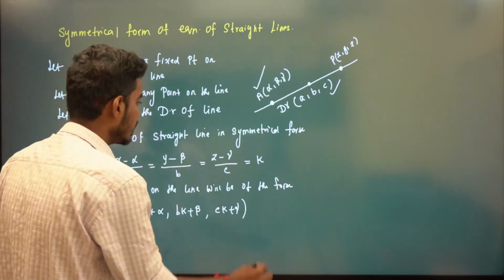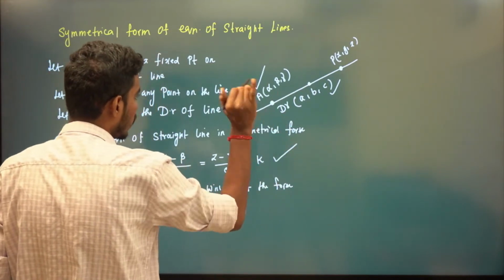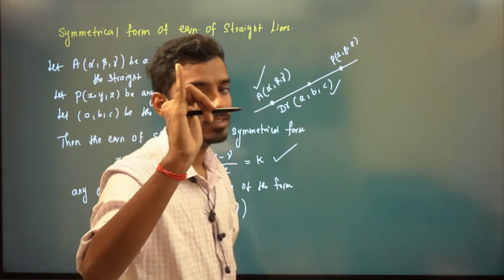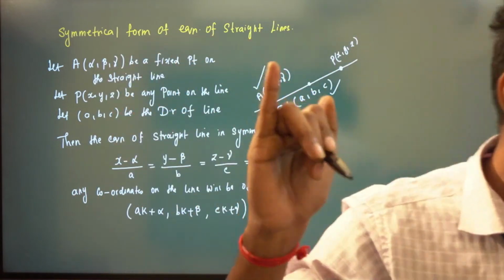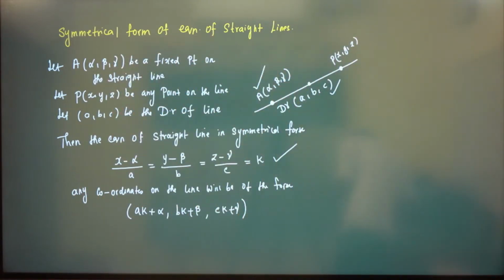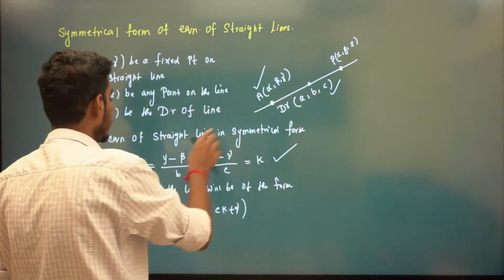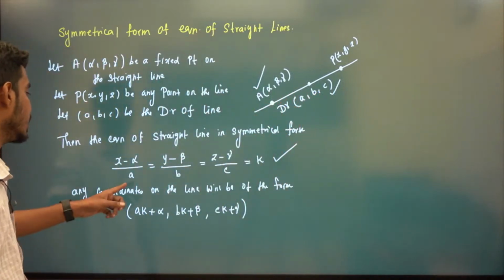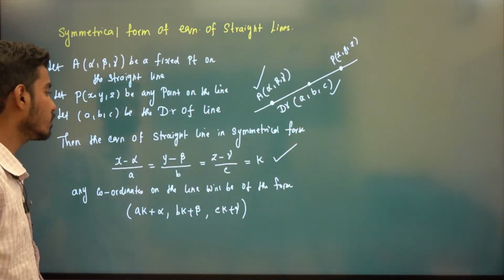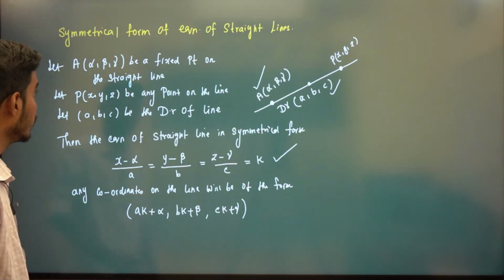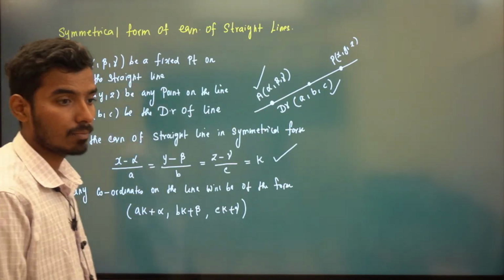And to write the equation of a straight line, we should know a point on the line. That is, you need to know any one coordinate on the line, and you need to know the direction ratio. Then you can write the equation as x minus alpha by a, y minus beta by b, z minus gamma by c is equal to k. Based on this, we're going to do 7 problems now.